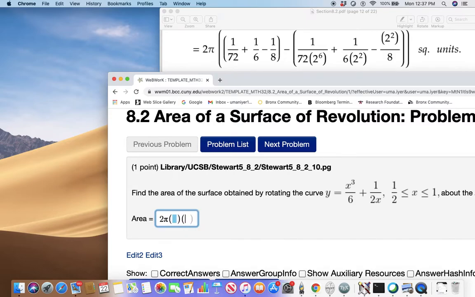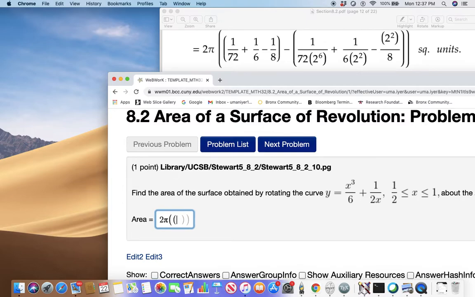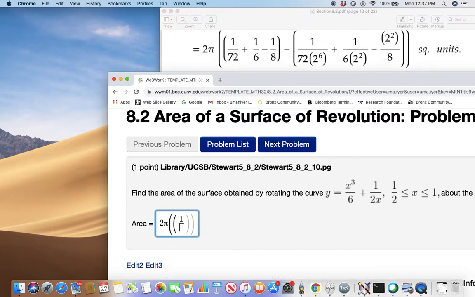Okay. First expression is 1 over 72 plus 1 over 6. So notice how I'm not even required to calculate.